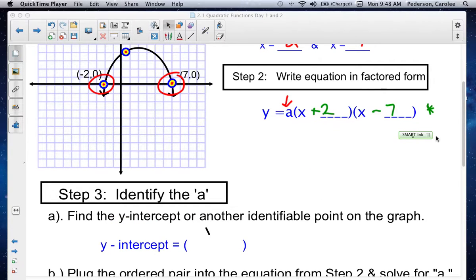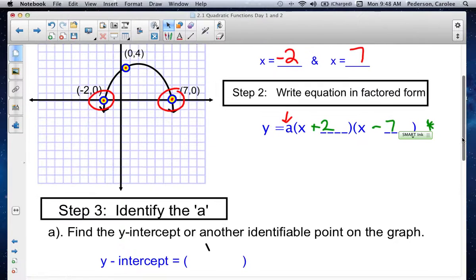So step 3 is to go out and identify what A is. To find the A, we go out and look at the graph again, and we look at one point, an extra point on the graph. So they gave us two x-intercepts. They also gave us one more point, and it becomes the y-intercept, (0, 4) in this case.